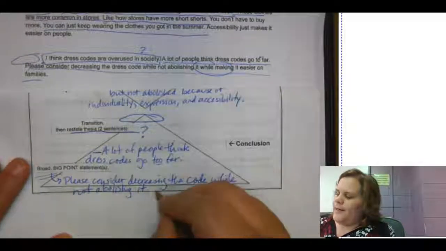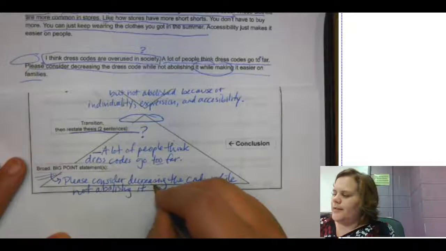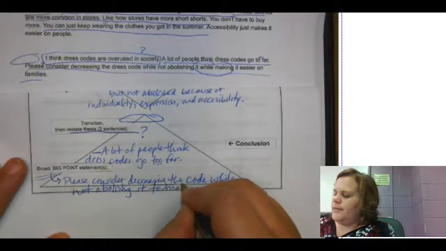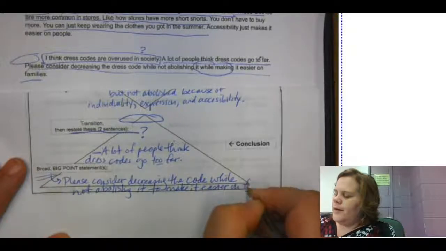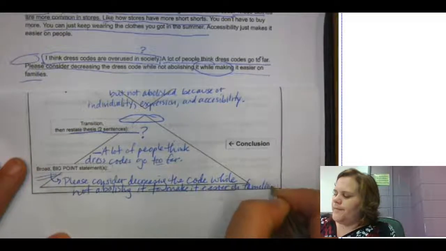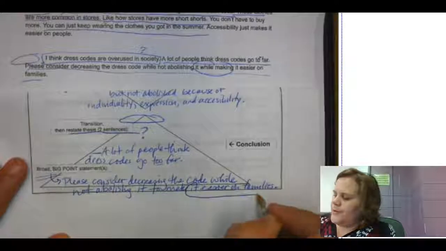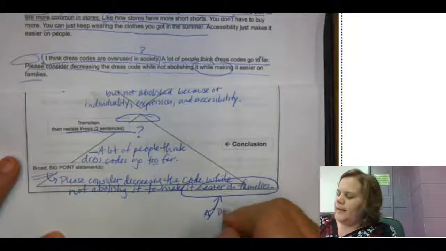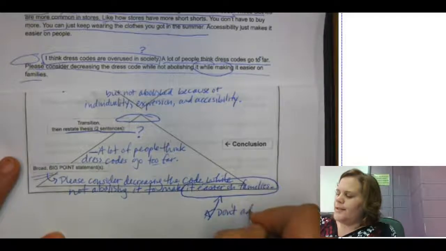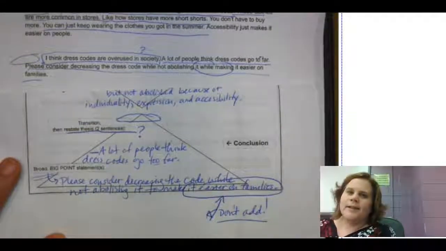Though "while making" is awkward, so I'm going to say "to make it easier on families." And then I'm going to circle this right here and say that you can't just add new reasons at the end.